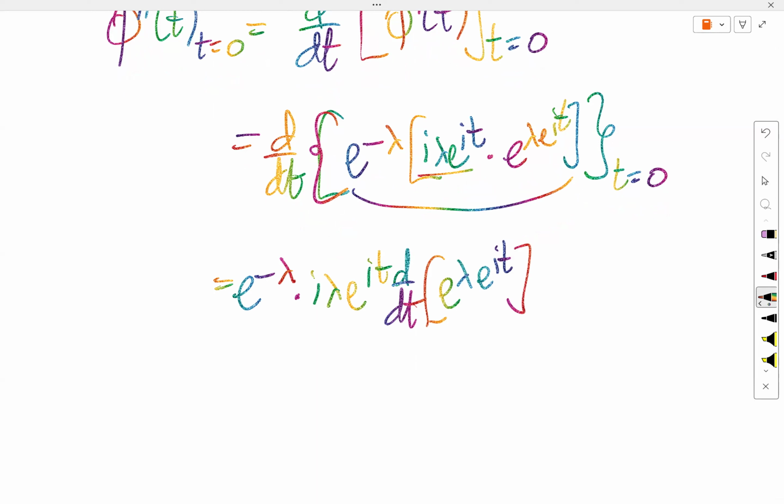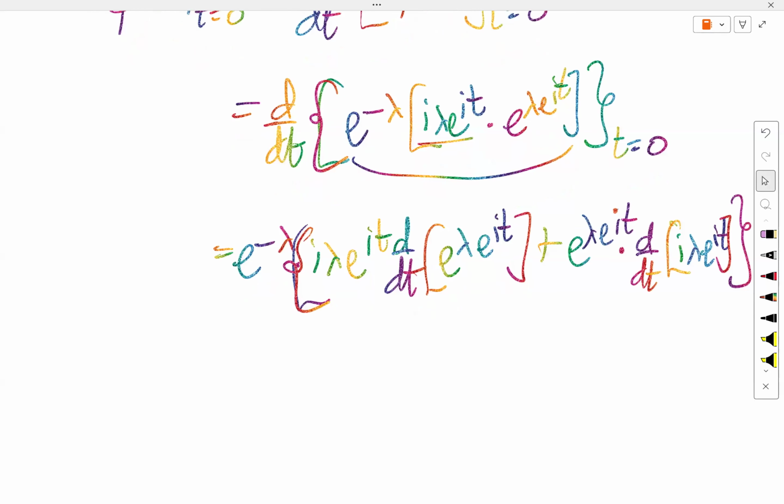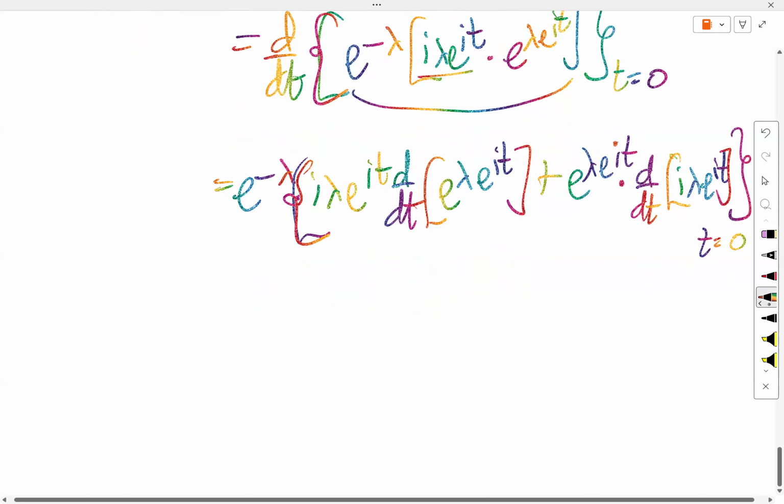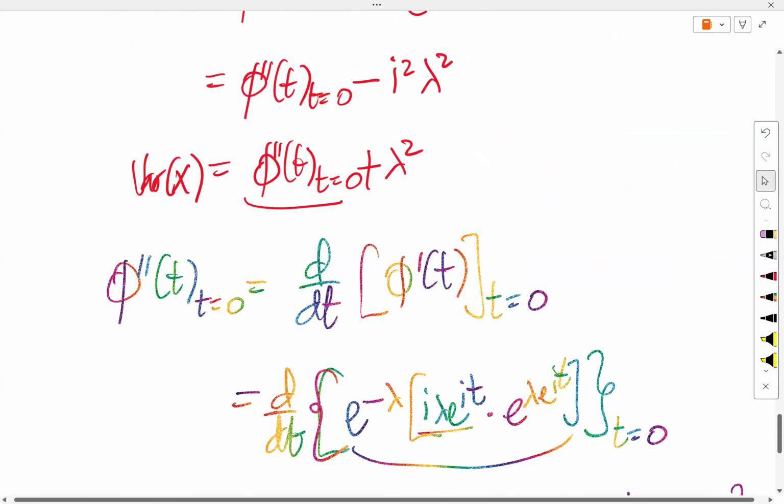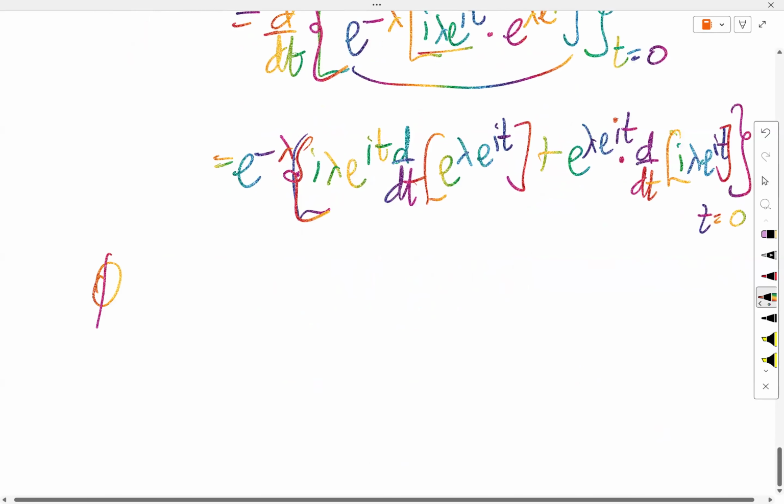So e raised to power minus lambda can be out this way, plus then you keep this e raised to power lambda e raised to power it, that is v, du dt now, then d dt of e raised to power i lambda e raised to power it. Of course, we have to evaluate that at t equals 0. Don't forget it's still phi prime prime of t; we are looking for phi prime prime of t evaluated at t equals 0.